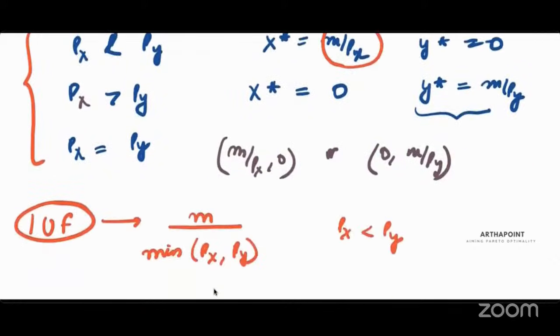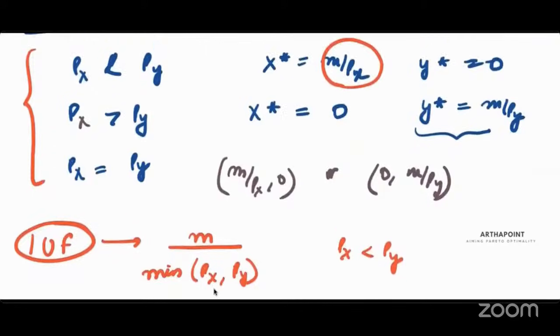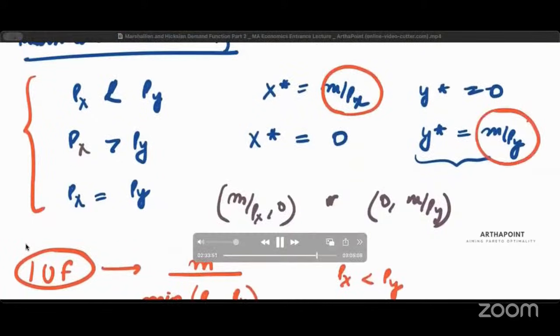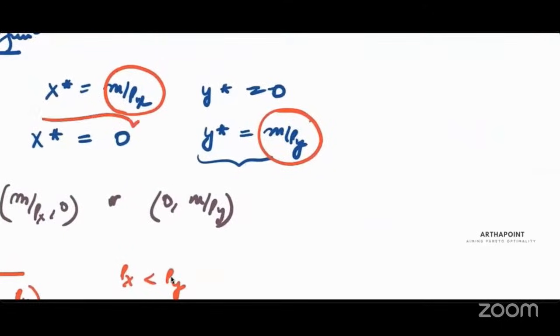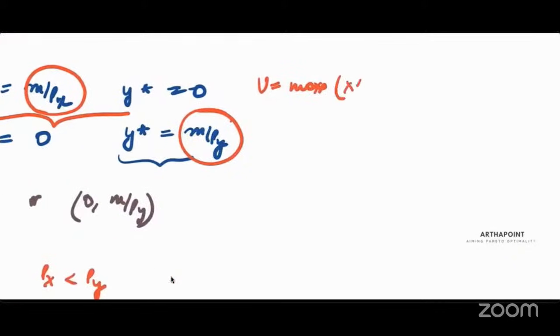When Py is less than Px, you're getting your utility as M by Py. Why? Because once you have got this X and Y, your utility was max of X star and Y star.